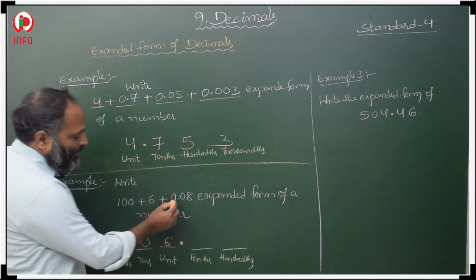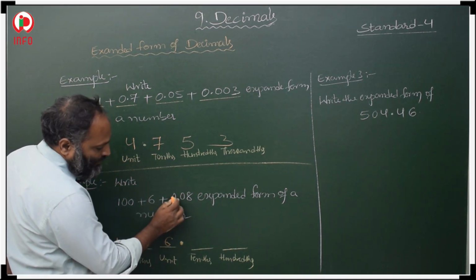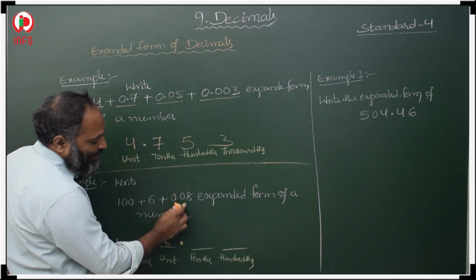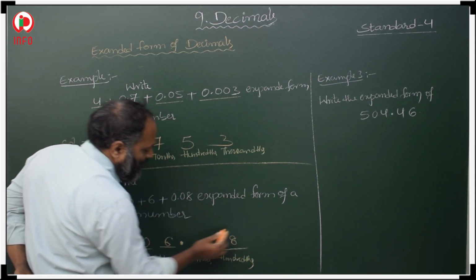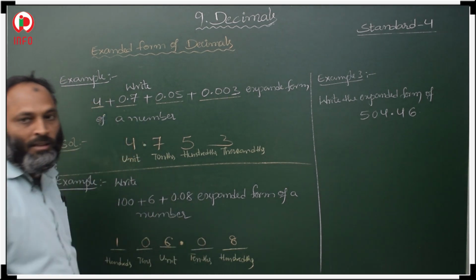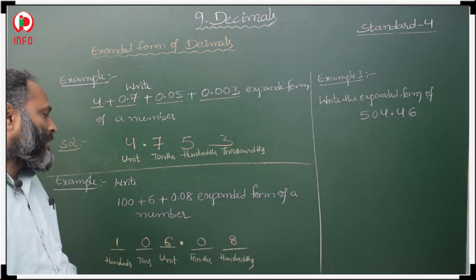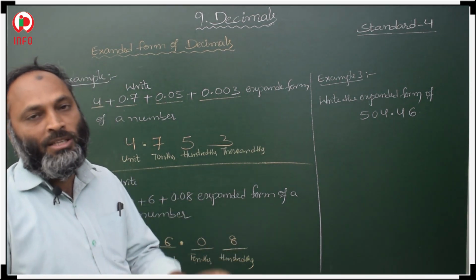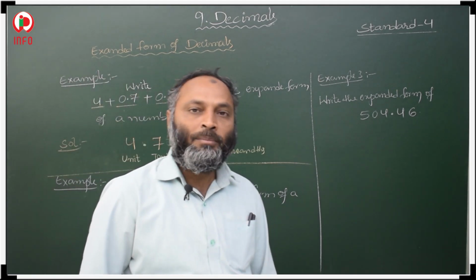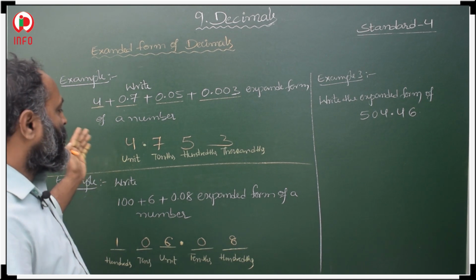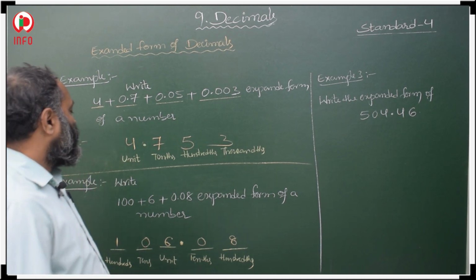After the decimal, 8 hundredths is given, 8 is in the hundredths place. There is no tenths, so we have to take 0 in the tenths place. Whatever is given, we write in that place, and whatever is missing in a place you have to keep 0. Now this is the method when the expanded form is given to write in decimal form.